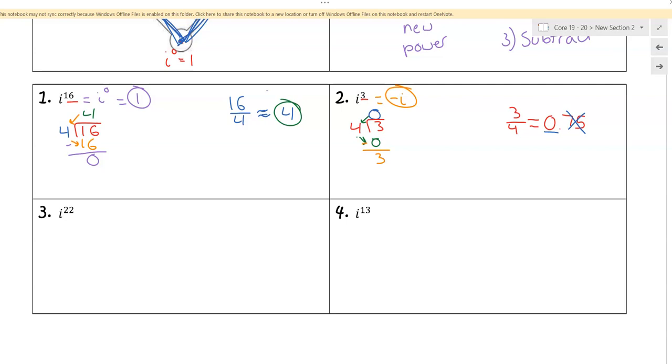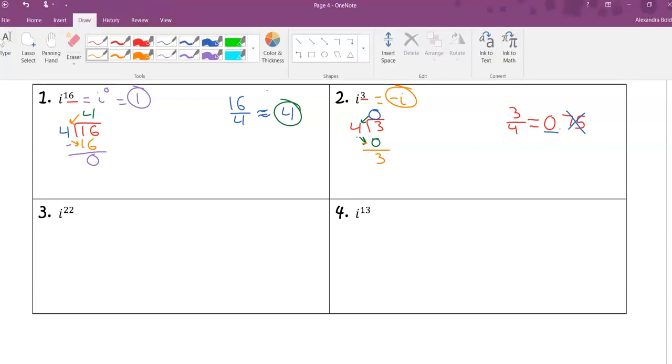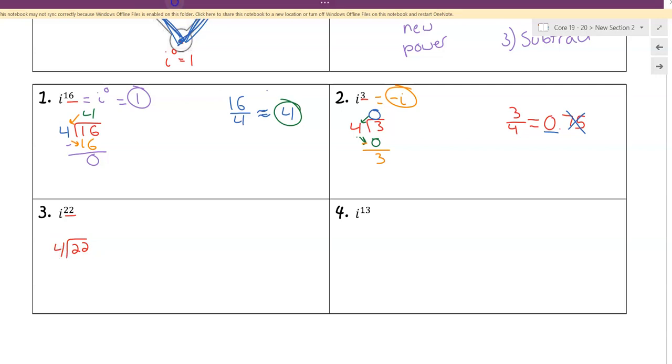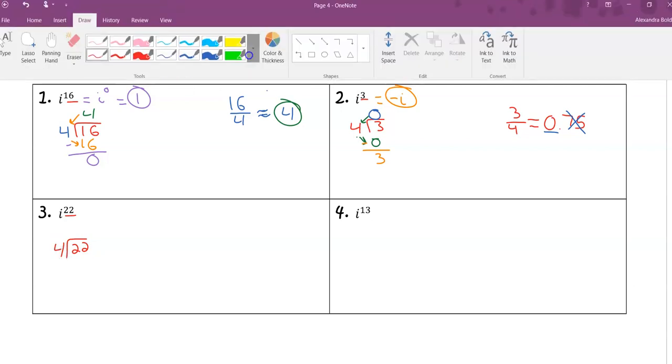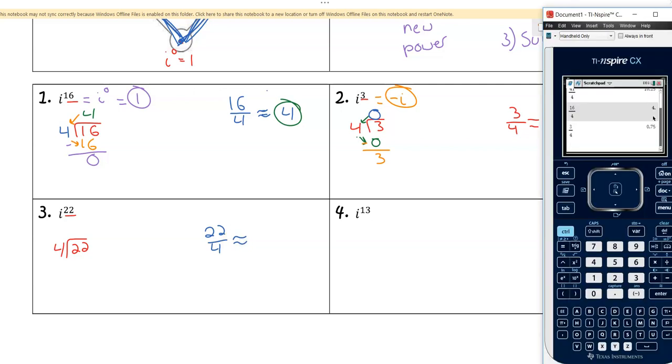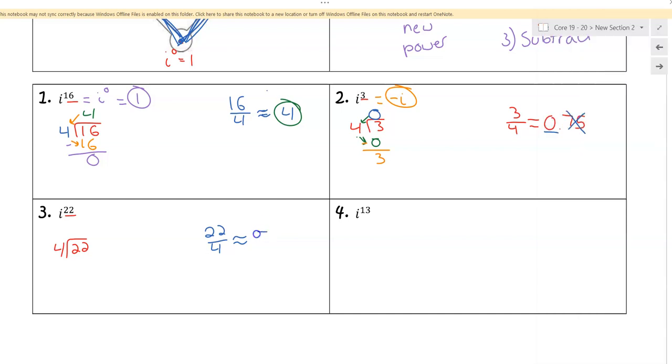All right, looking at number 3, i to the 22nd. Take that 22 and divide by 4. We have 22 divided by 4, Control Enter, is 5.5.